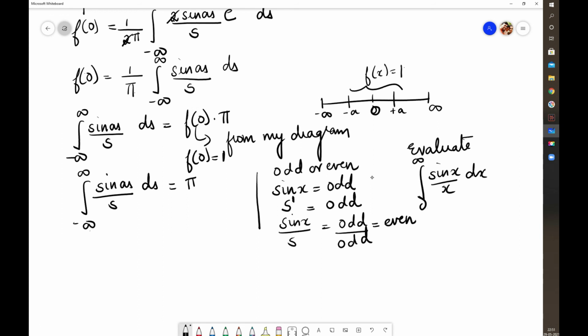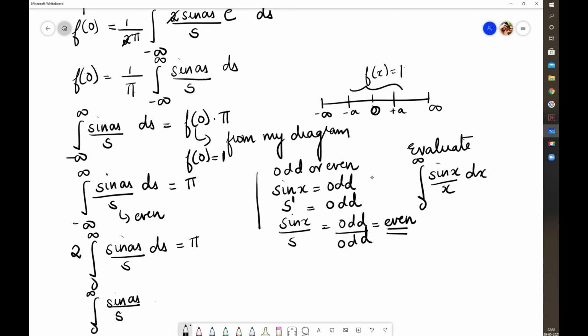So it is an even function. Since this particular function is even and the integral is from minus infinity to infinity, I write it as twice the integral from 0 to infinity of sine as by s ds is equal to pi. Clear? Now the integral from 0 to infinity of sine as by s ds is equal to pi by 2.